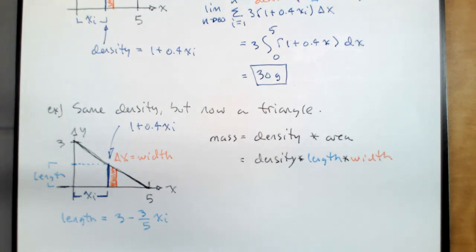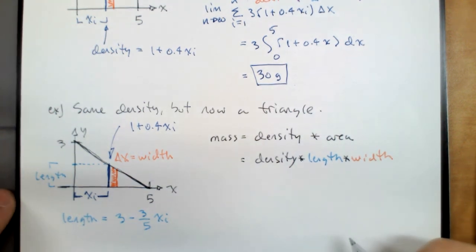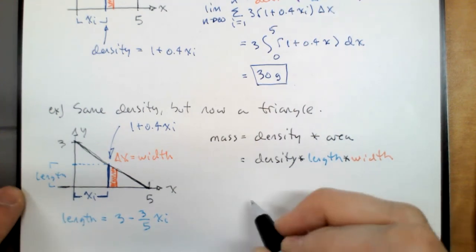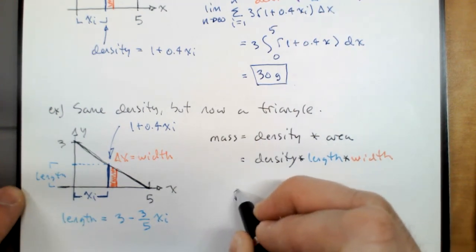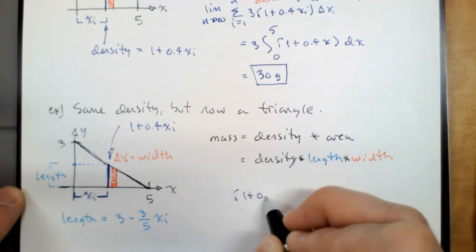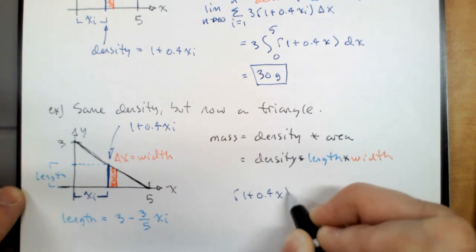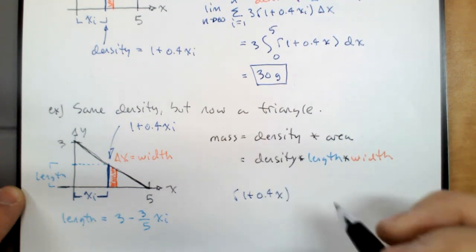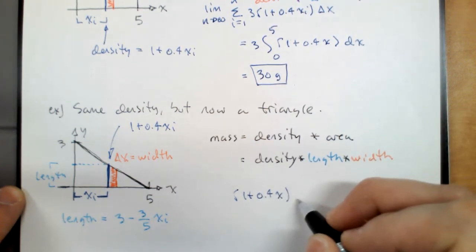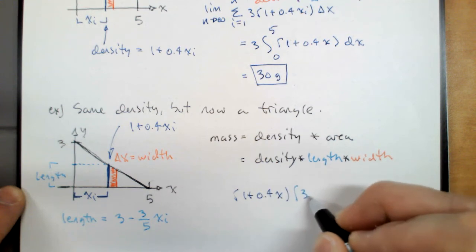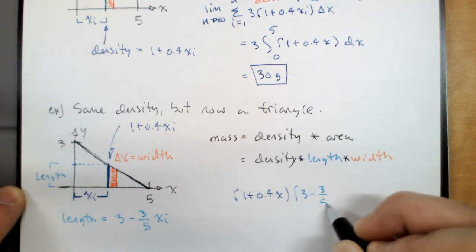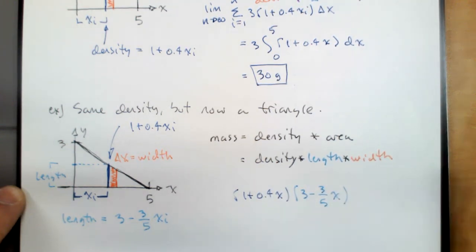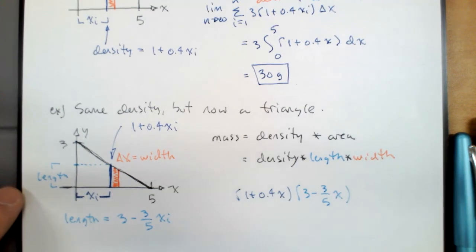We need to break it down like this so that we can replace our constant length with variable length. The density is still 1 plus 0.4x. The length is 3 minus 3/5 x. The discrete width is delta x.